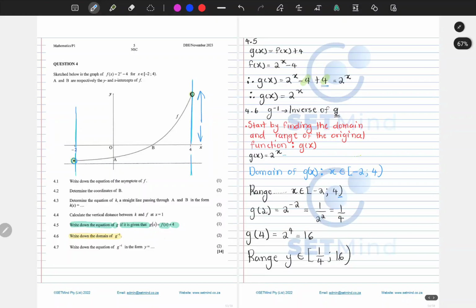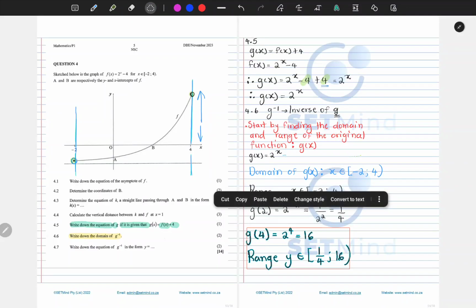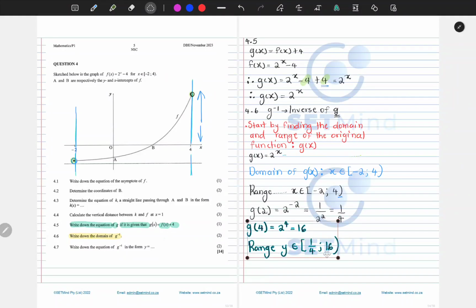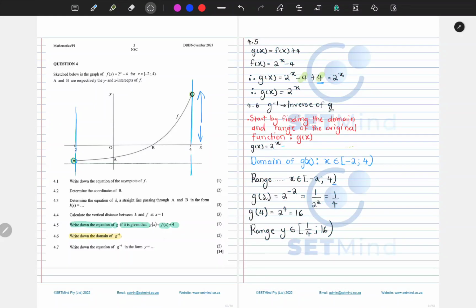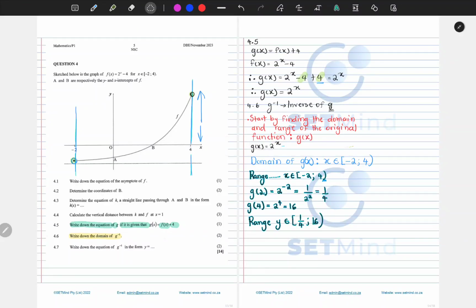So that becomes my range. Then the same principles which I was alluding to now apply, that the domain of the original function becomes the range of the inverse. So let me see if I can create some space here.